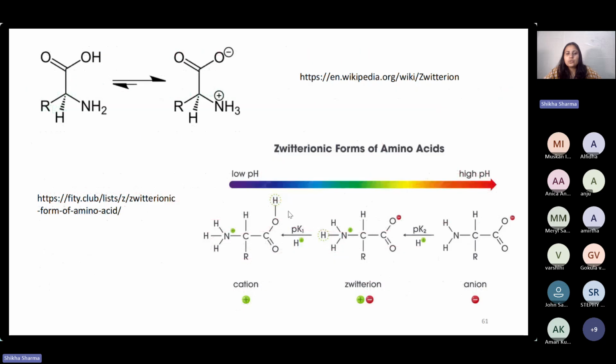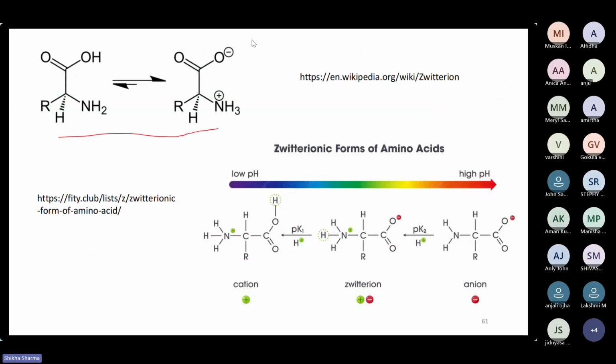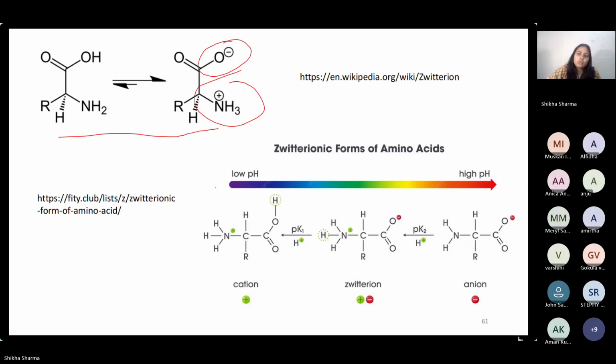So like this is a zwitterion. One group is a positive functional group and another is a negative functional group in the same molecule, and it varies based on the pH level. If the pH is high, an anionic, negative charge will be there.